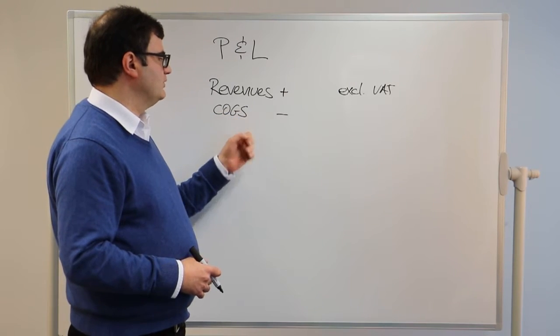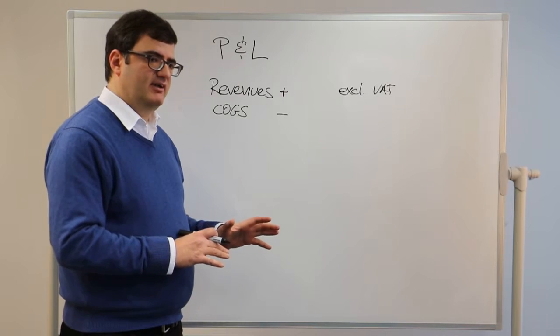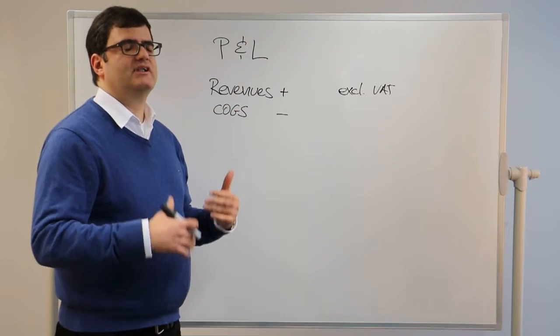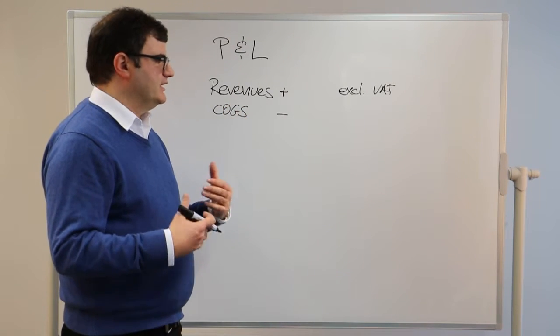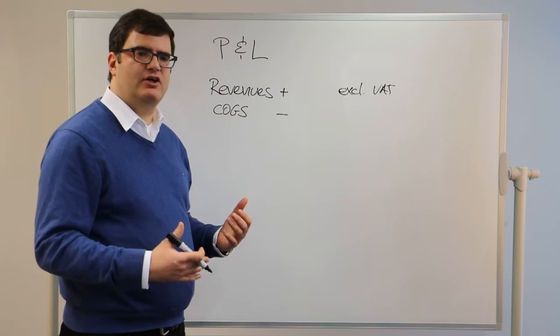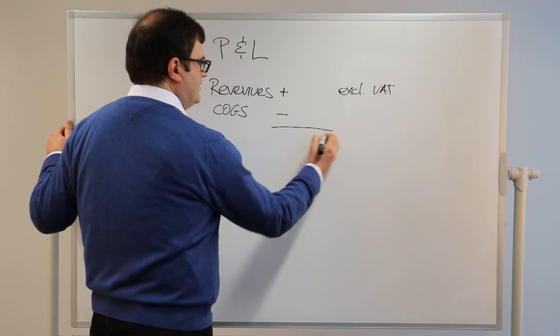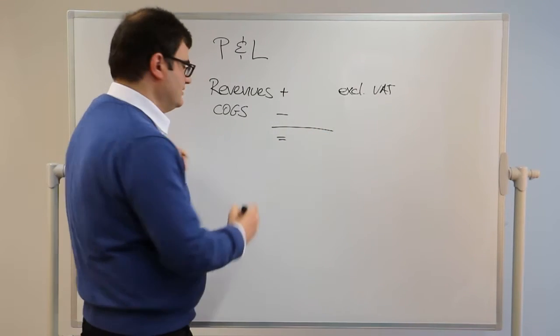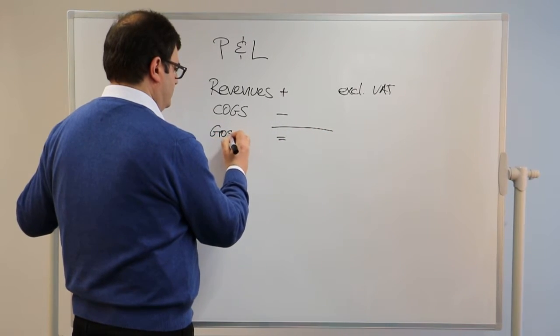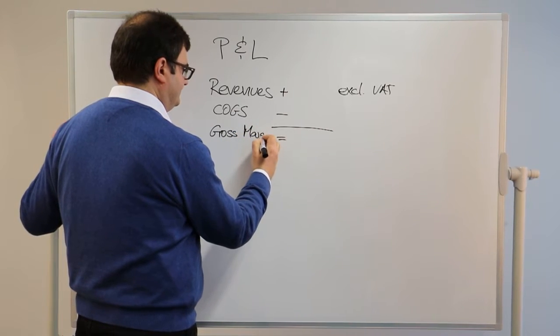Also, cost of goods sold is everything that's directly related to the revenue. So transportation cost, insurance cost, any other cost that you have that is directly related to the revenue. And once you do that, the result that you get is called the gross margin.